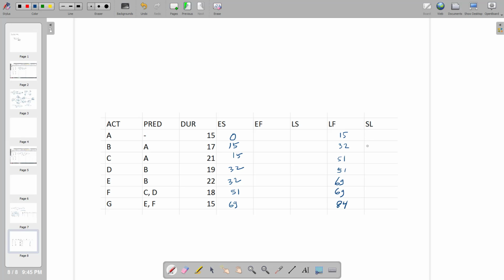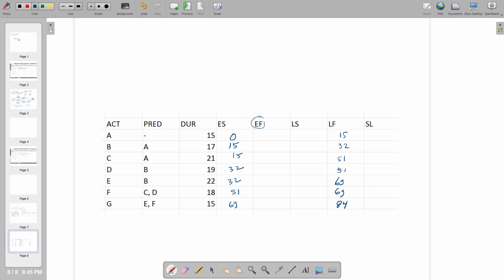Now we already have all this calculation, so we can tell immediately the early finish and late start. Can you answer for the early finish value? Is that 15? Exactly.